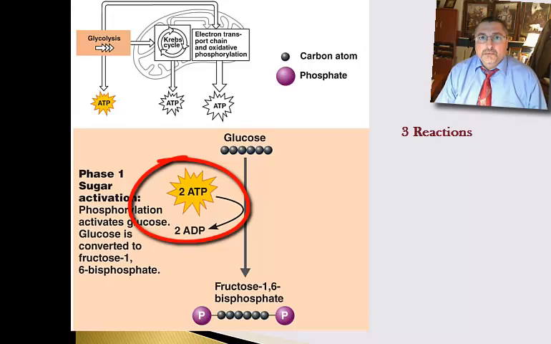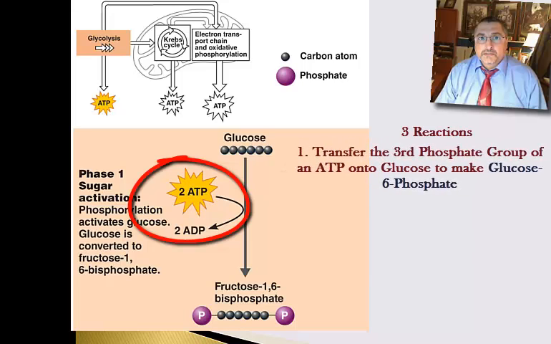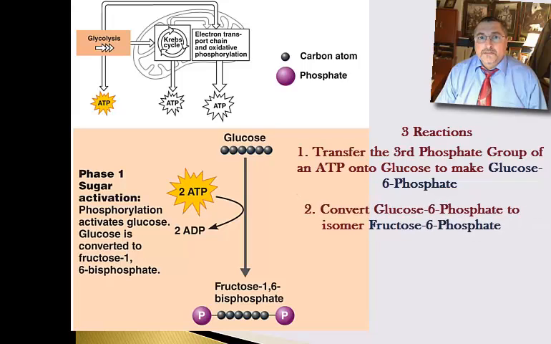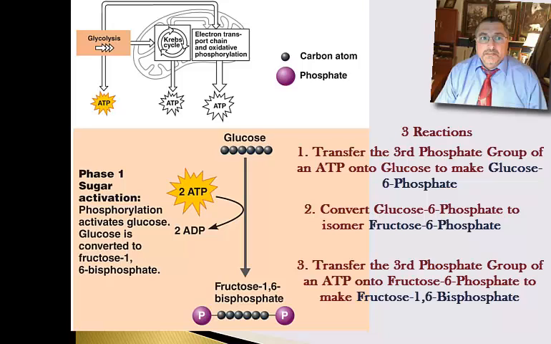Those ATPs, we're going to use the terminal phosphate group, and we're going to add first a phosphate group to the glucose molecule once it enters the cell to make glucose 6-phosphate. Then we're going to convert glucose 6-phosphate to an isomer. Remember what an isomer is: same molecular weight, different conformation. We're going to convert it into the isomer fructose 6-phosphate, and then we're going to add the second phosphate group from the second ATP to that fructose 6-phosphate to make fructose 1,6-bisphosphate.